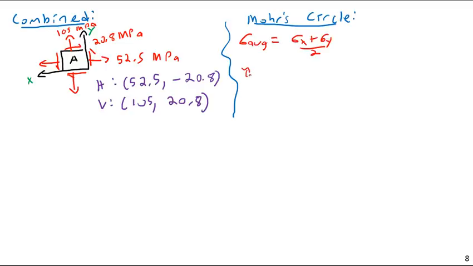My tau max is equal to r, which is equal to the square root of sigma x minus sigma y over 2, squared, plus tau xy squared.